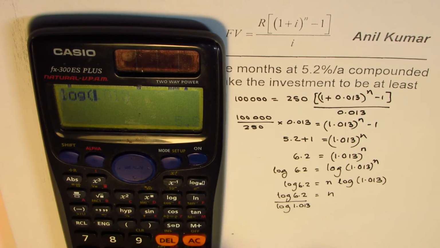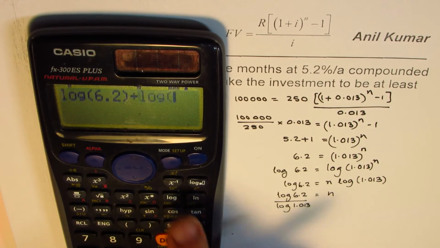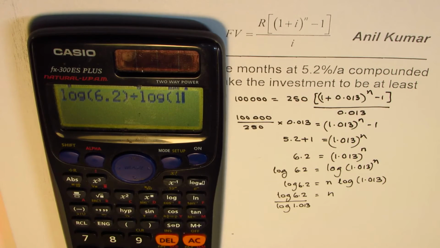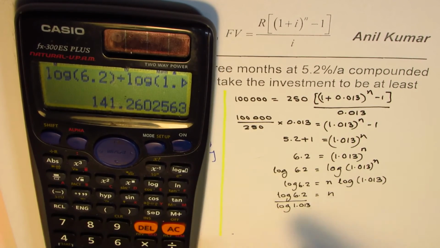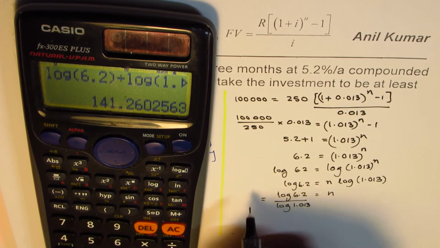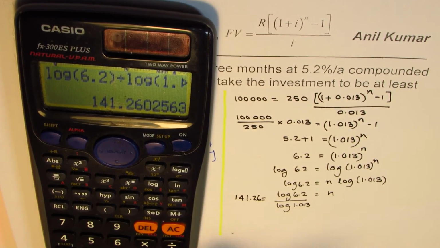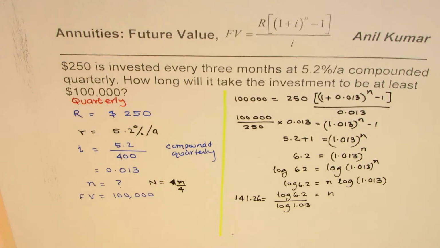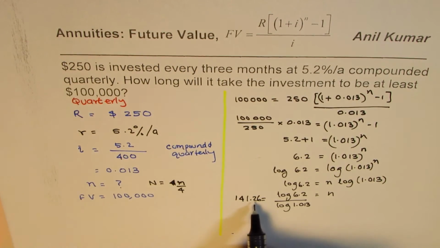So let's calculate this answer. We have log of 6.2 divided by log of 1.013. That gives you a value of 141.26. So these are quarterly payments. So every year you make 4 of these, right?